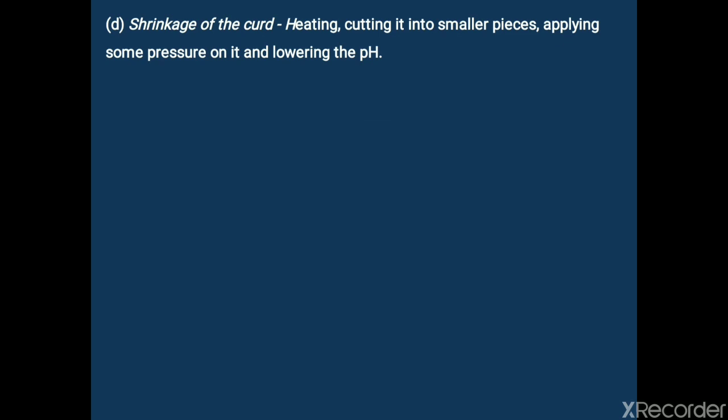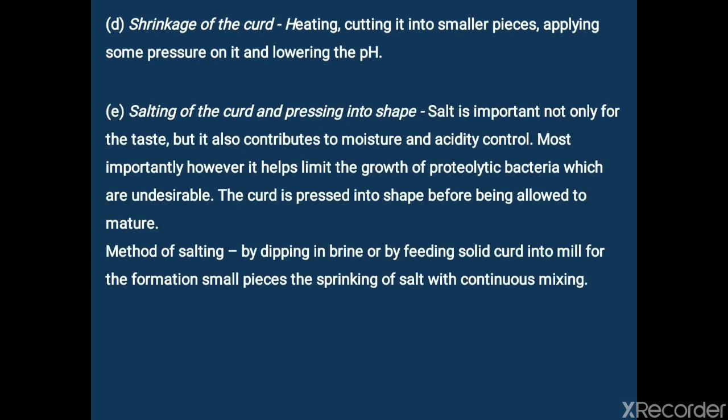Next step is shrinkage of curd, that is, the water content of the curd is decreased by the method of heating, followed by cutting the curd into smaller pieces and application of pressure in order to decrease the water content of curd.